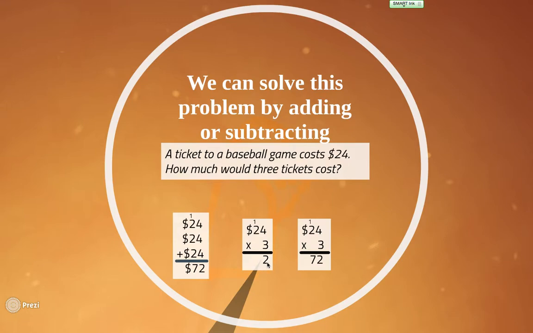So you bring down the 2, and since you can't put the whole 12 down here, you're going to regroup the 1 to the tens place. So then you do 3 times 2, which is 6. Then you're going to add the 1 that you regrouped to the top over here, and that's where you get 7 from. All right, so your answer would be $72.